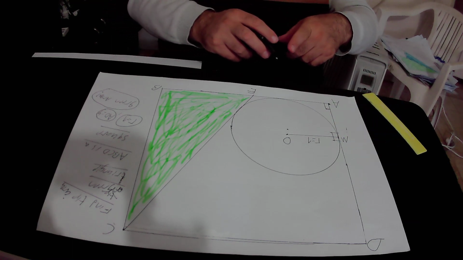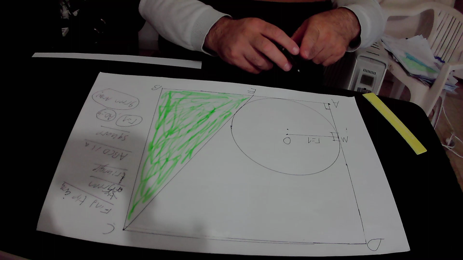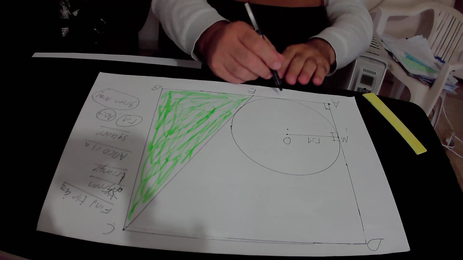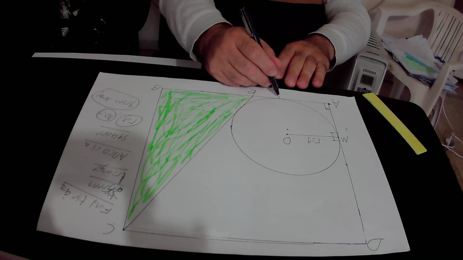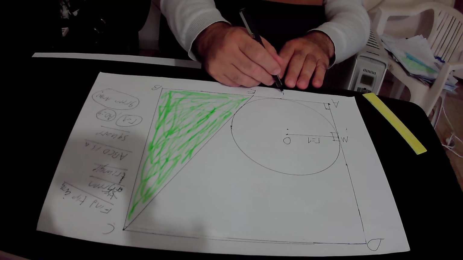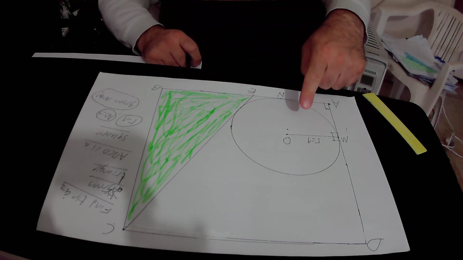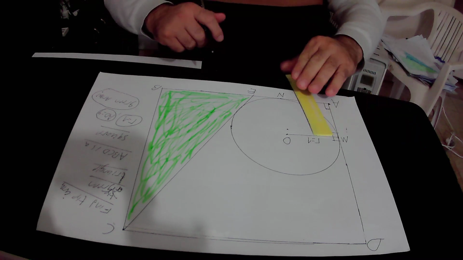Here we will define the point of tangency of tangent AB with this circle. We will define this point, the point of tangency, as point N. We will join together points O and N by a straight line.